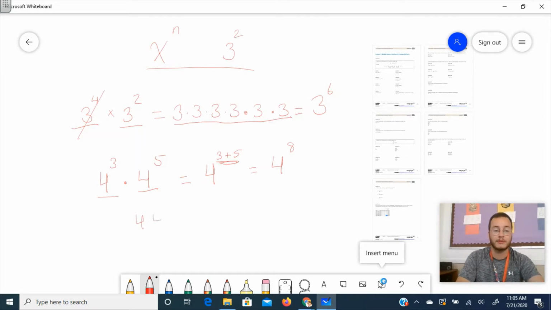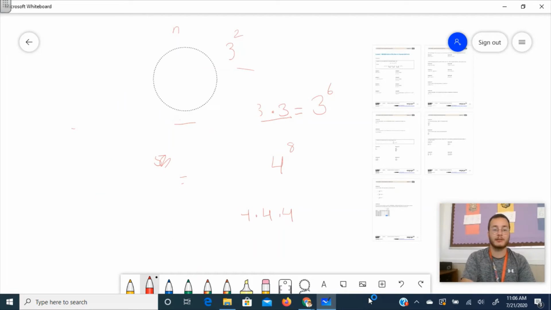It would be 4 times 4 times 4 is the 3rd power, times 4 times 4 times 4 times 4 times 4, 5 times, which means it would be 1, 2, 3, 4, 5, 6, 7, 8 times it's being multiplied. So I would have 4 to the 8th power. So knowing that, let's begin our exercises.